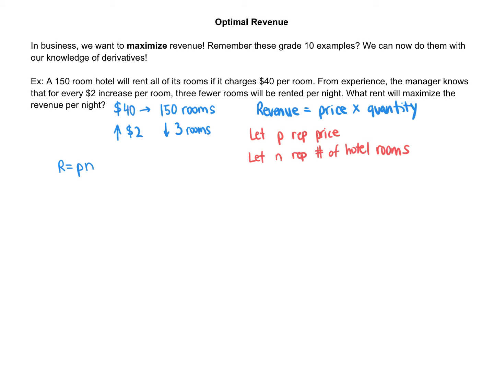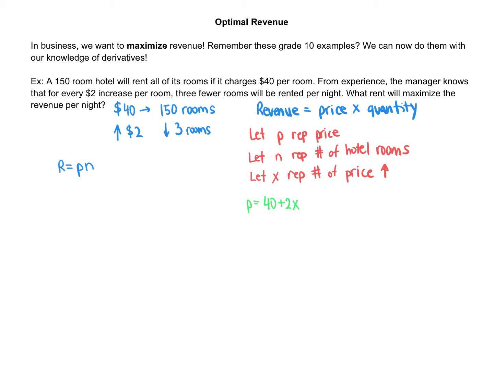Now, how can I come up with an equation for price and hotel rooms? Well, I'm going to add one more let statement, and this is one that you would have seen in grade 10, and that's let X represent the number of price increases. So that way, I can say that price is equal to, well, it starts off at $40 and it's going to increase by 2x times.